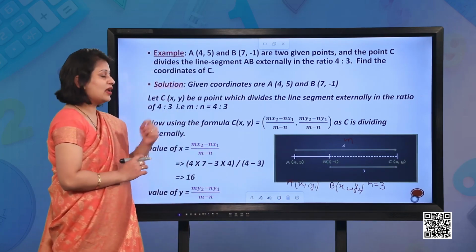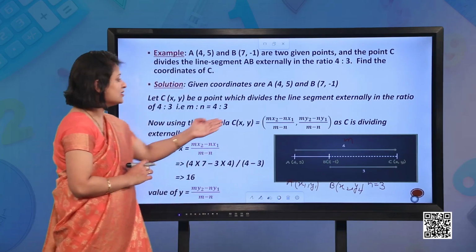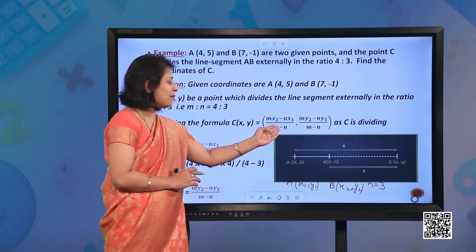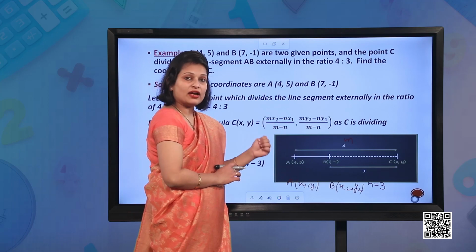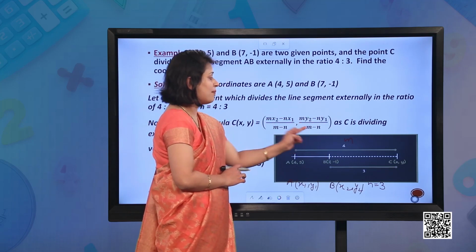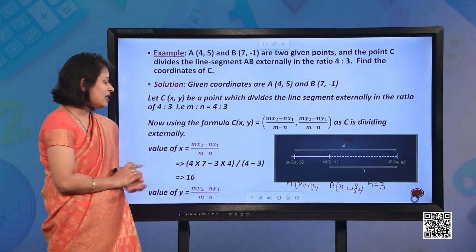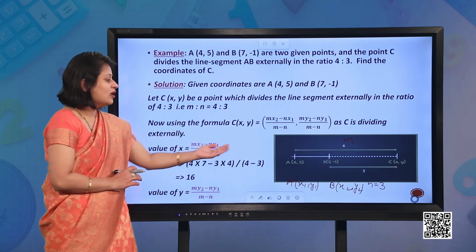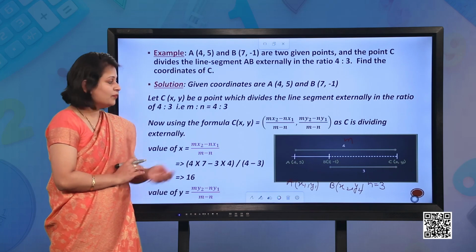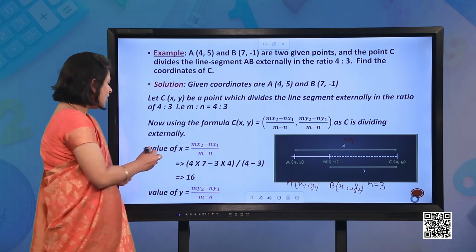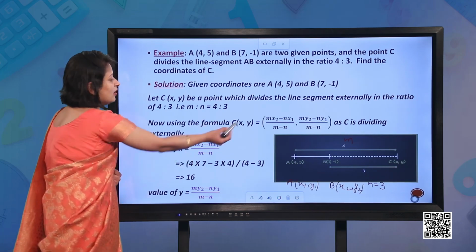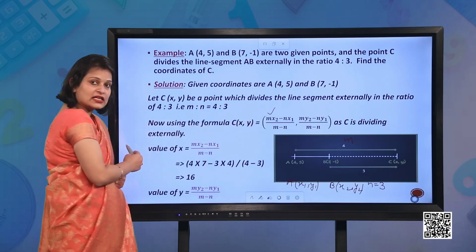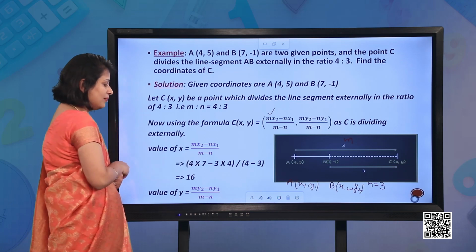So the section formula we have to use is m x2 minus n x1 upon m minus n, m y2 minus n y1 upon m minus n. Simply substitute the values of x1, y1, x2, y2, m and n. So what will you get? Here the x coordinate will be m x2 minus n x1 upon m minus n.